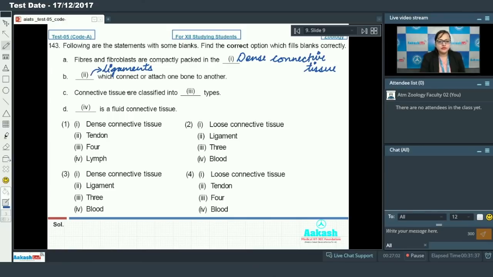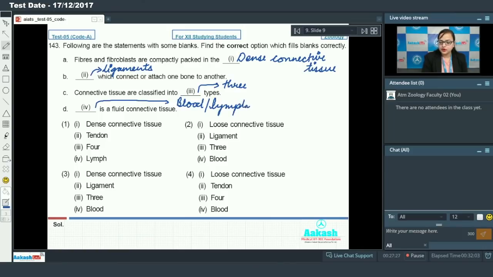Statement C says connective tissue are classified into three types: loose connective tissue, dense connective tissue, and specialized connective tissue. Option D says blank is a fluid connective tissue, and there can be two answers, that is blood and lymph.